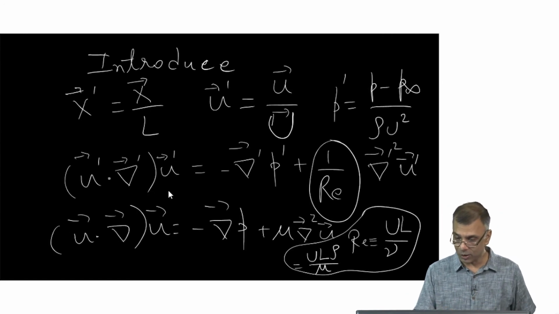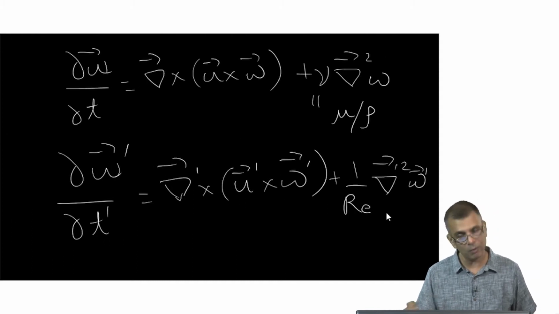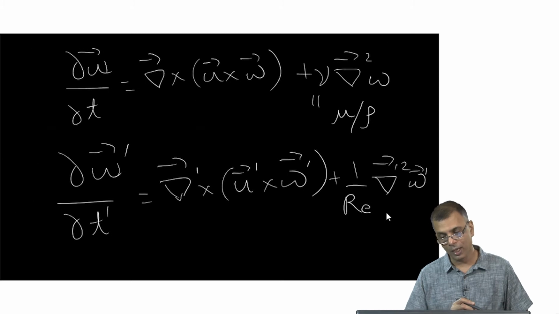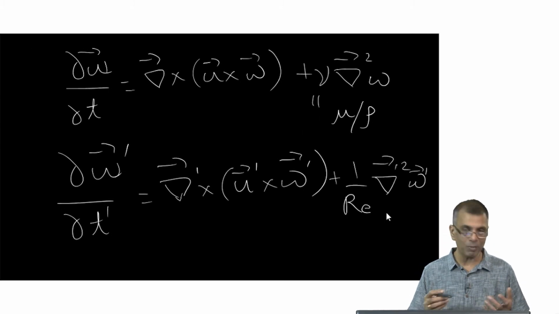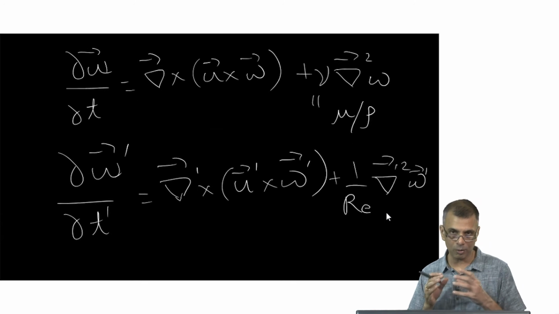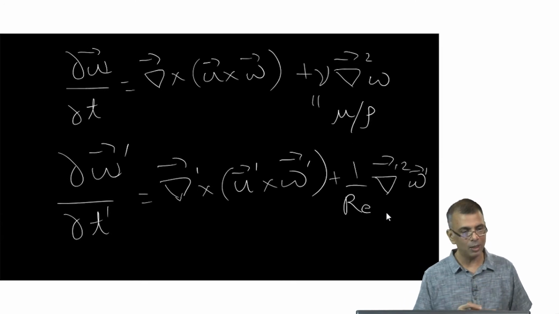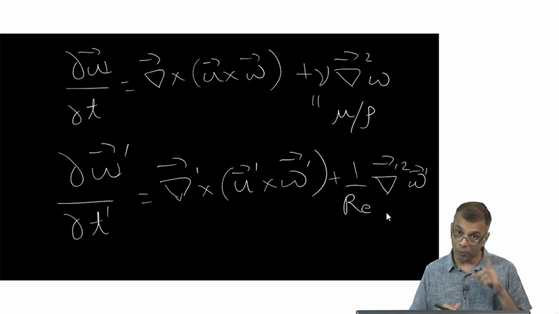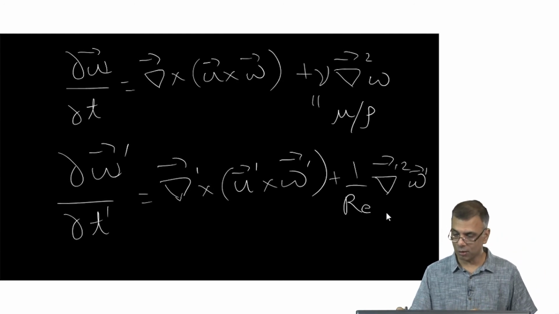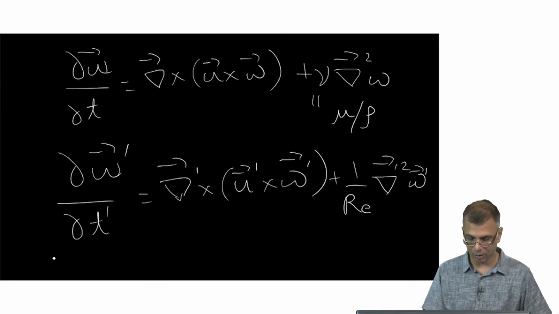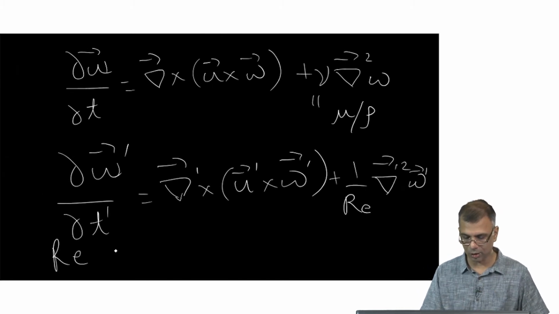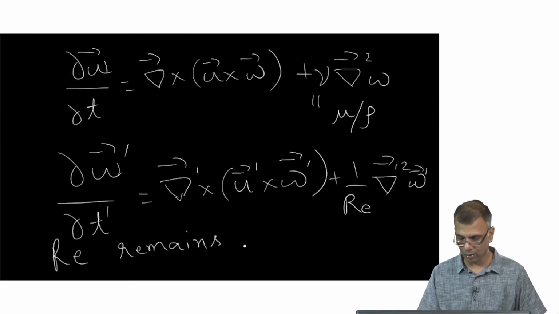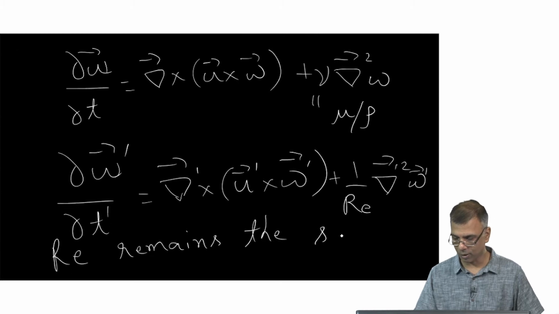But this dimensionless equation, this one and this one, remains the same. Therefore the dynamics of the flow around the miniature body will be exactly the same as the dynamics of the flow around the larger body, provided of course the Reynolds number remains the same.